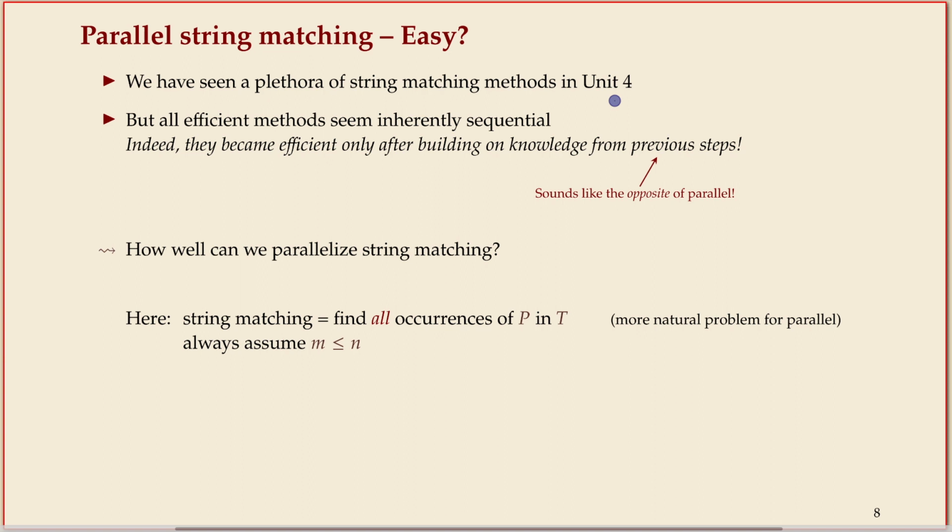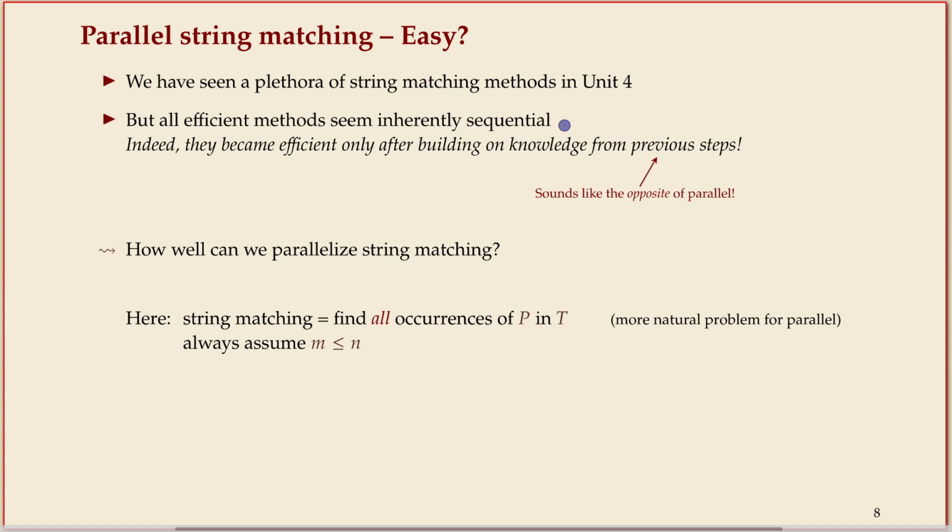simple things like the brute force algorithm, but that wasn't really the most effective way to solve the problem. And everything we've seen, in particular things like the Knuth-Morris-Pratt algorithm, they have a somewhat inherently sequential component. They became fast precisely by reusing the comparisons that we've just done.